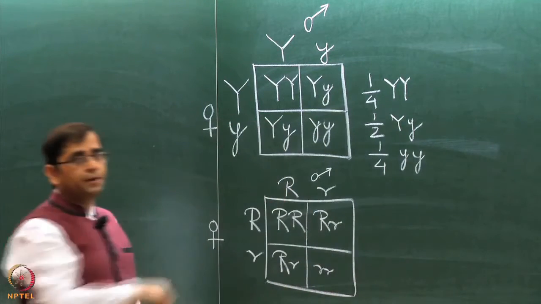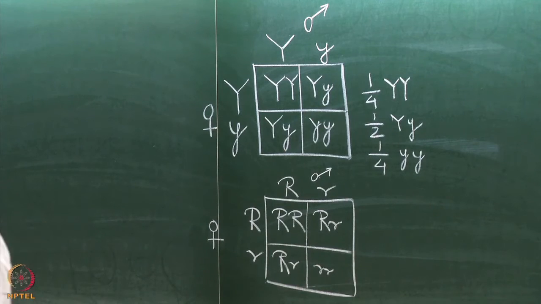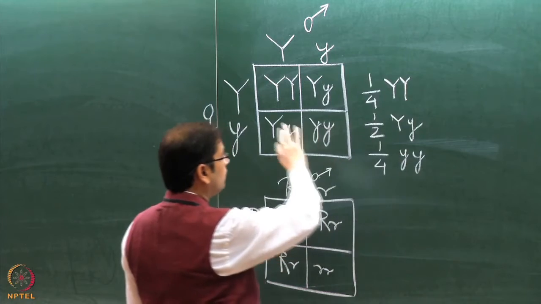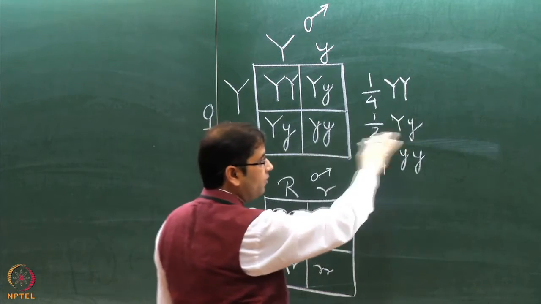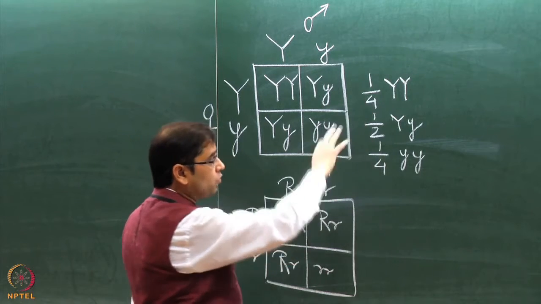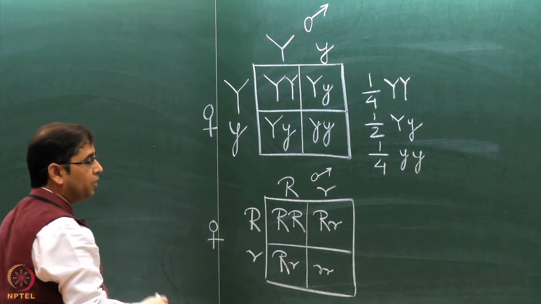We are doing two separate monohybrid crosses for seed shape and seed color. Very straightforward. I think we got these gametes, where 50% are heterozygotes, and then we have 1/4 of the homozygous dominant or recessive.